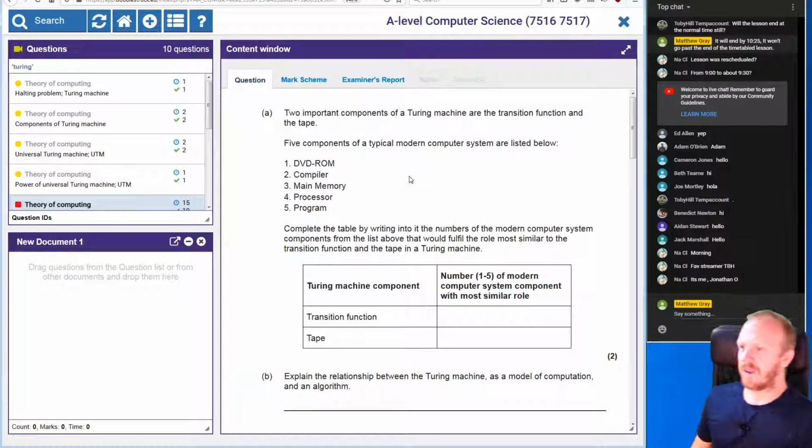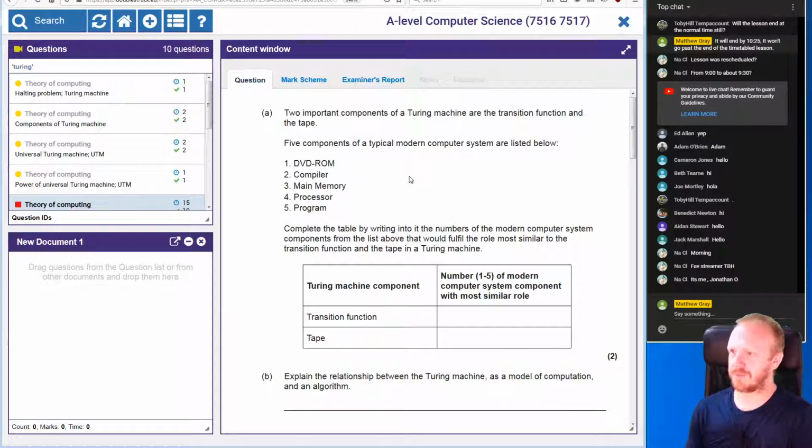Right, so this is an odd question, but we should be able to get somewhere with it. It says two important components of a Turing machine are the transition function and the tape. Five components of a typical modern computer system are a DVD-ROM, as you can tell how long ago this was written, compiler, main memory, processor, and the program. Complete the table by writing into it the numbers of modern stuff.